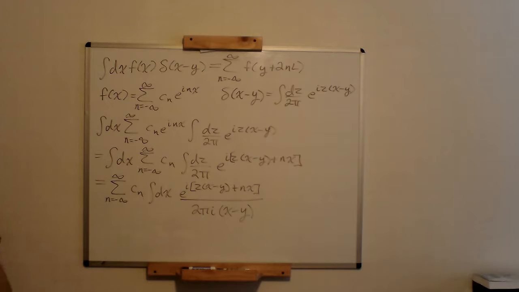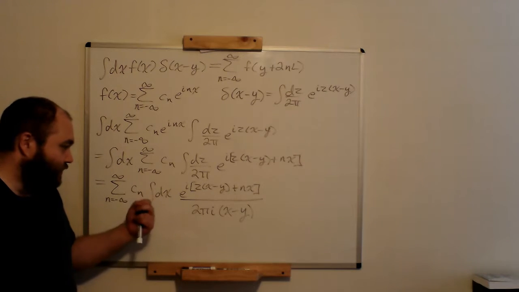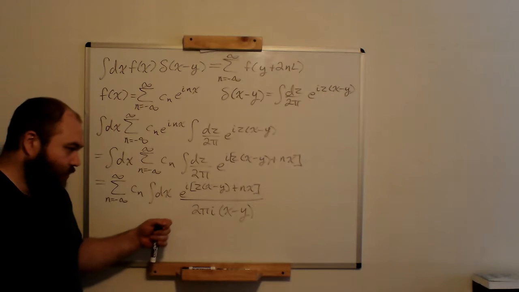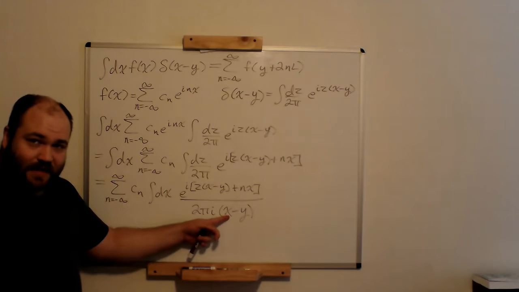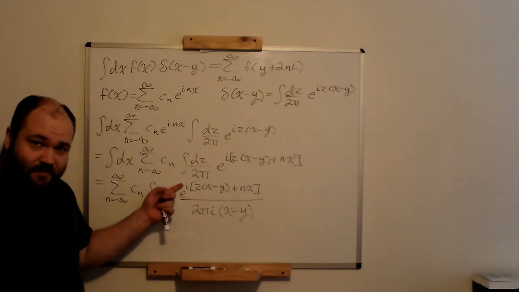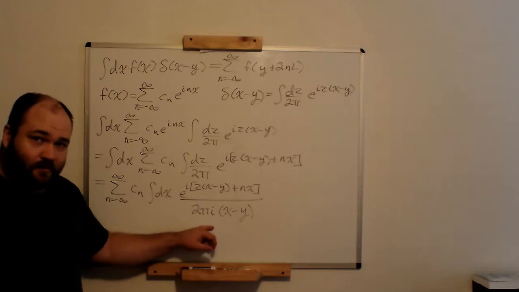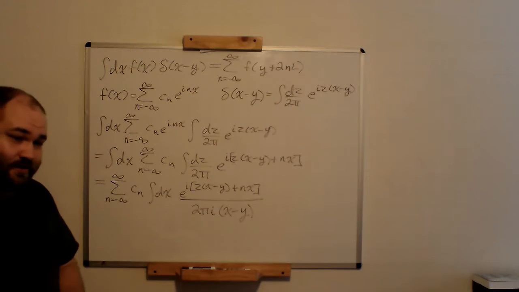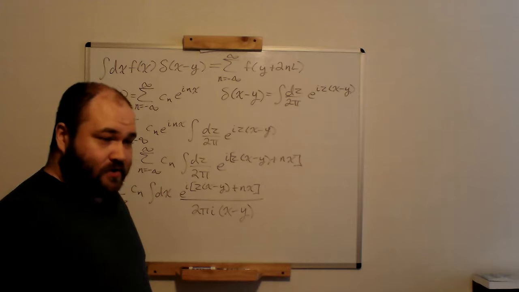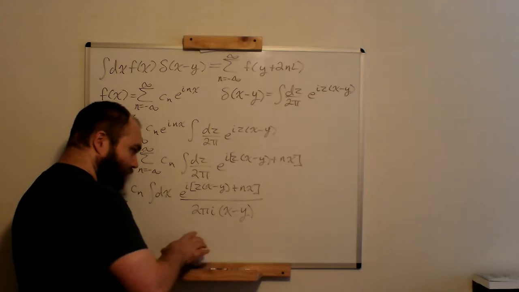So now we're here, and we start noticing that we have poles, we have complex numbers, and we have a 2 pi i down here. And that screams to us that we need to use the Cauchy integral formula.